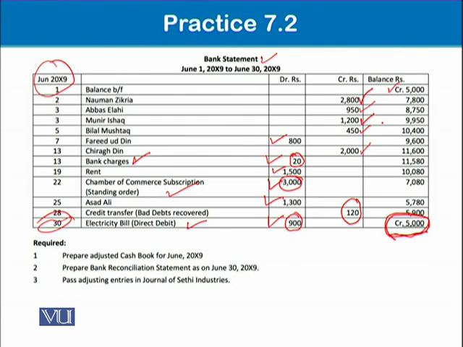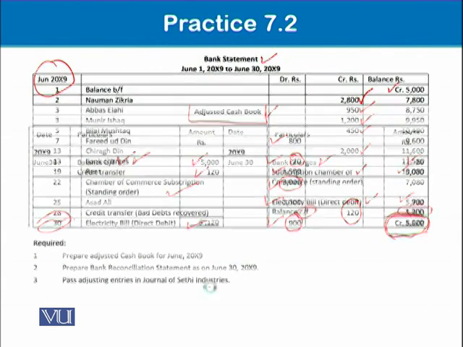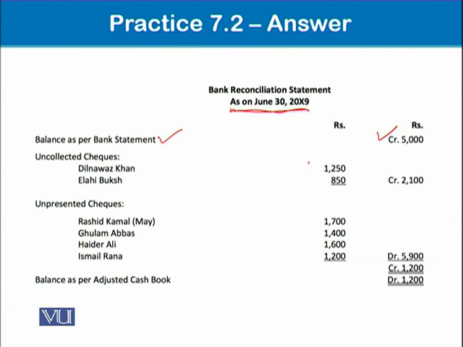So go back and see what are the uncollected checks. These are the checks appearing in the debit side of cash book, but not yet credited by the bank. So 1250 and 850. So just see here, 1250 and 850 are uncollected checks.